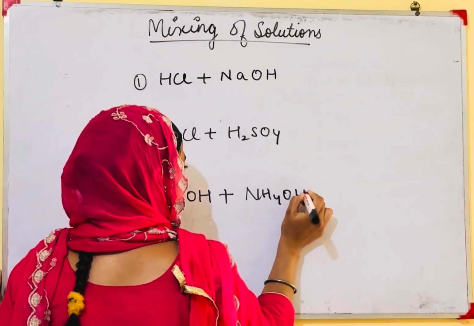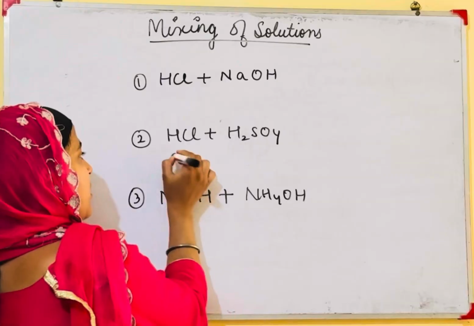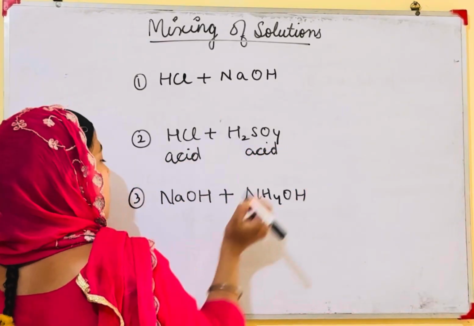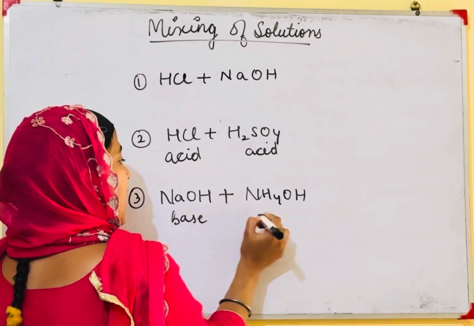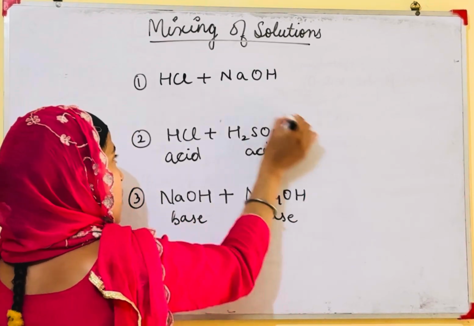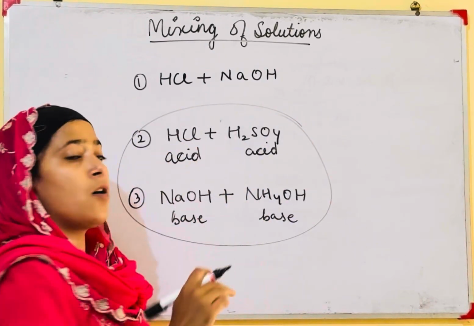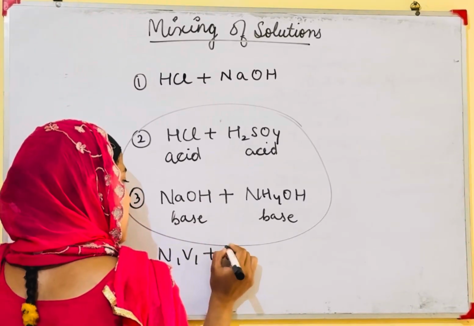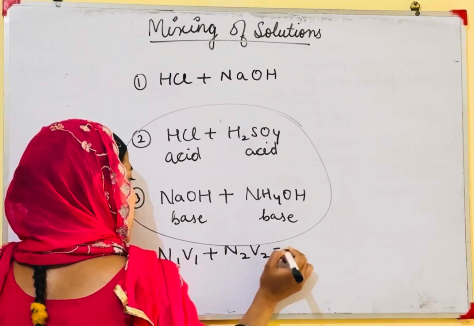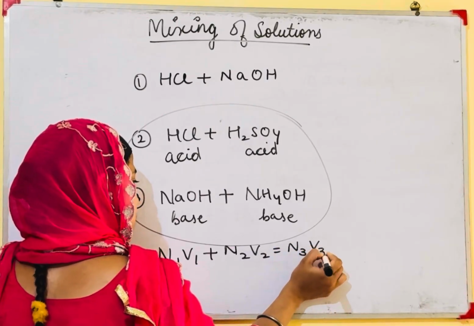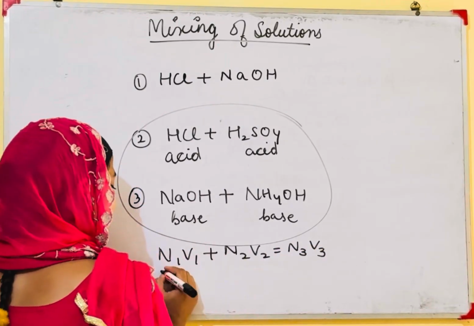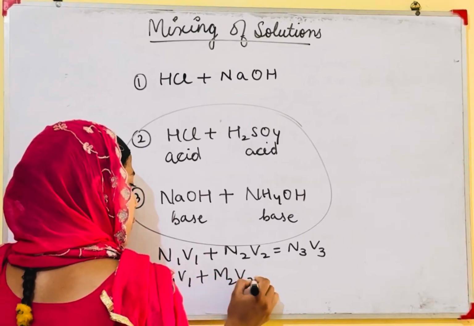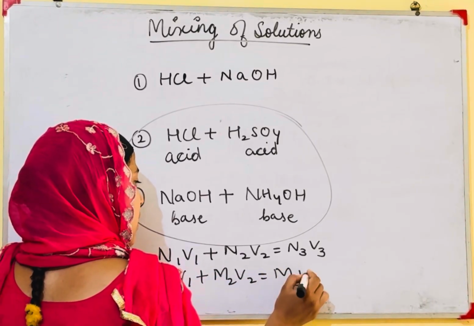Now observe carefully. This is acid, this is also acid, this is base, and this is also base. For these reactions, we will apply the normality equation N1V1 plus N2V2 equals N3V3, and the molarity equation will be M1V1 plus M2V2 equals M3V3.